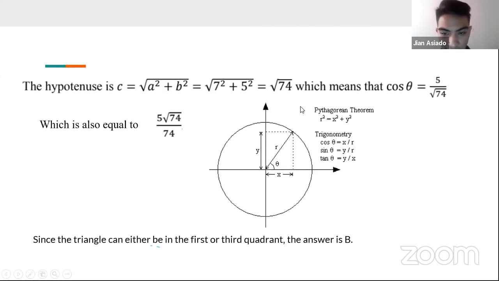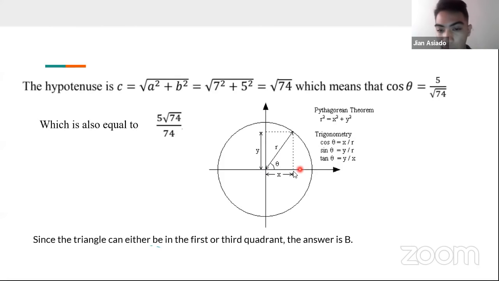Okay. And then, also pala, si tangent kasi, it is y over x. Kung magkakaroon tayo dito ng isang circle, this is called the unit circle. For cosine muna. For cosine, x over r, ibig sabihin, adjacent over hypotenuse.